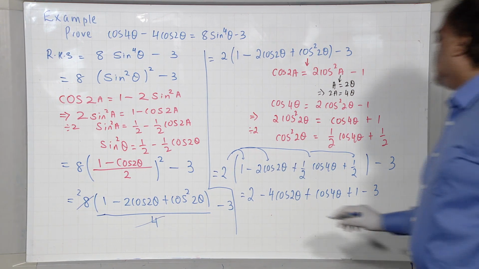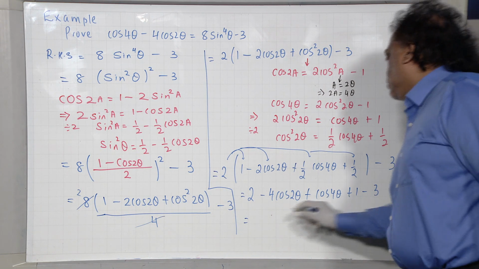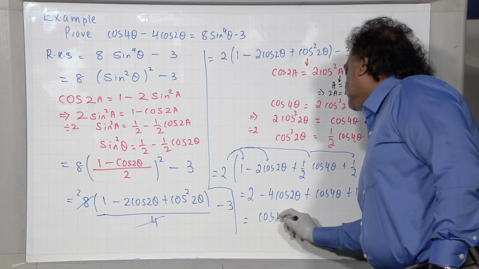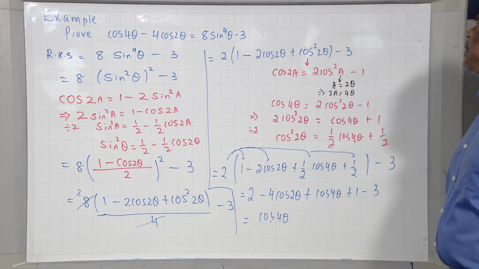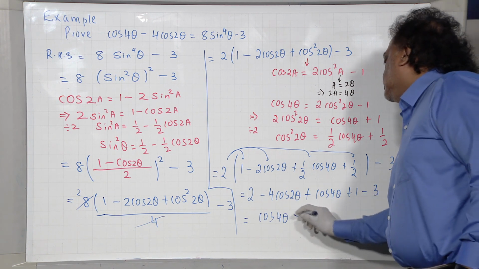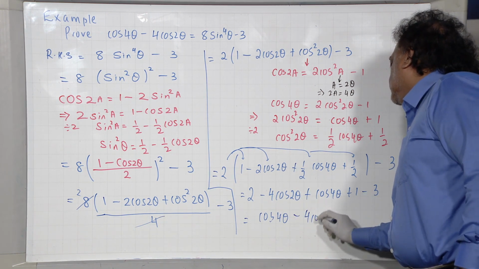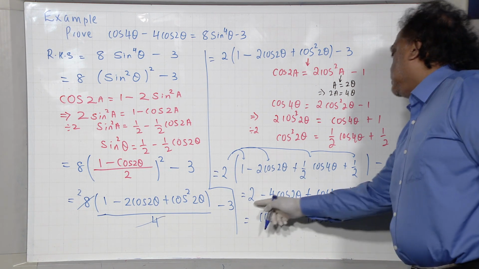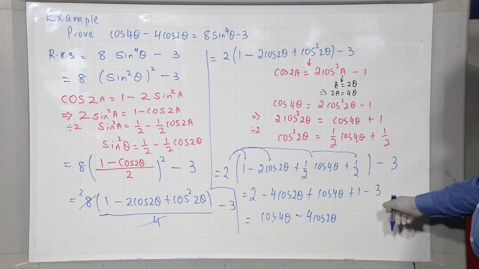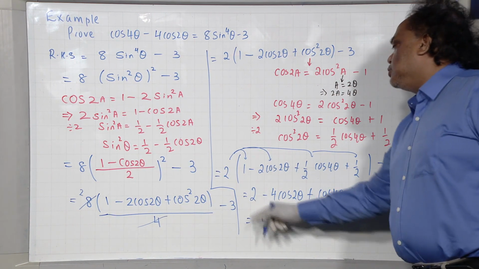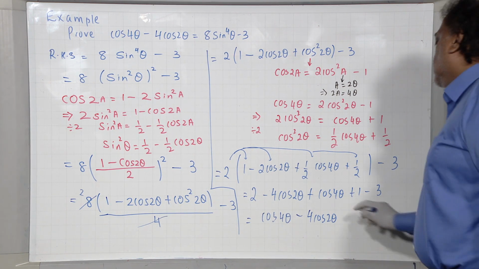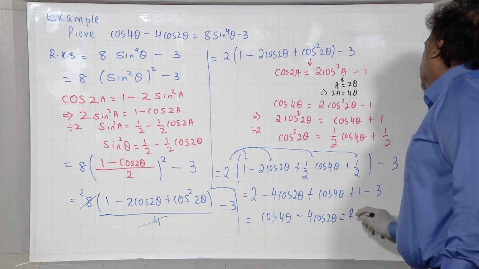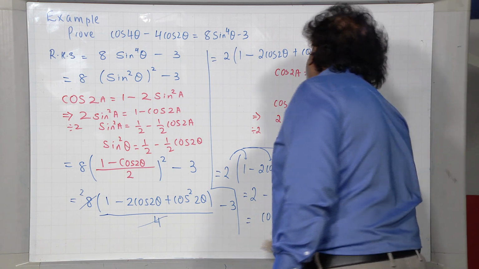So I have cos 4 theta, minus 4 cos 2 theta, and here 1 minus 3 is minus 2, minus 2 plus 2 is 0, which is the left-hand side, hence proved.